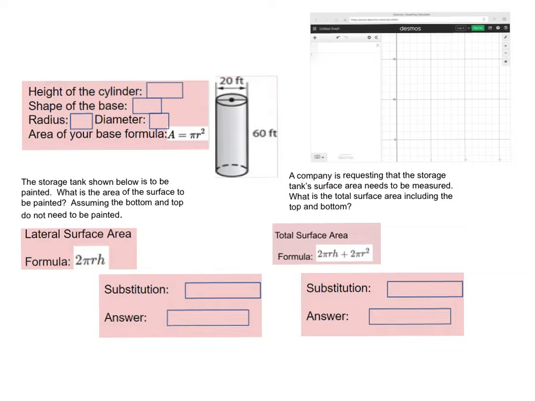Okay, so we're going to be using our lateral surface area formula.